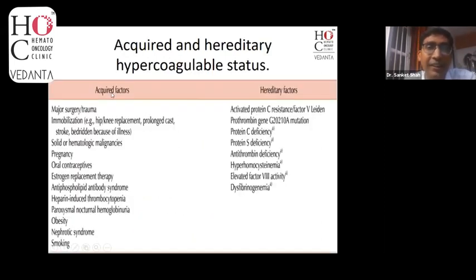So, acquired and hereditary hypercoagulable states: which are the acquired factors? Major surgery, trauma, immobilization due to any reason, malignancies, pregnancy, OC pills, HRT, antiphospholipid syndrome, heparin-induced thrombocytopenia, paroxysmal nocturnal hemoglobinuria, obesity, nephrotic syndrome, and smoking. While here are the hereditary factors, which are the genetic factors.